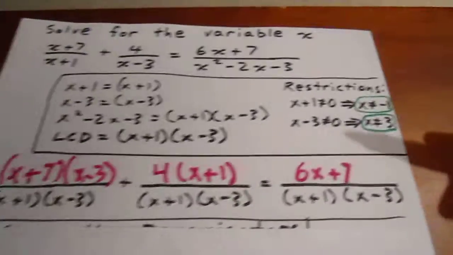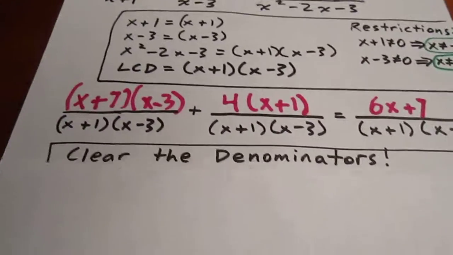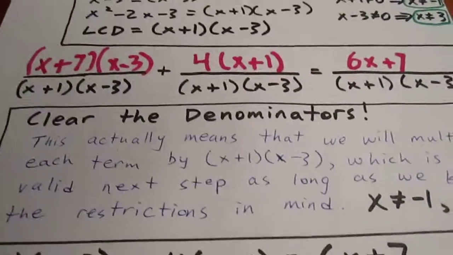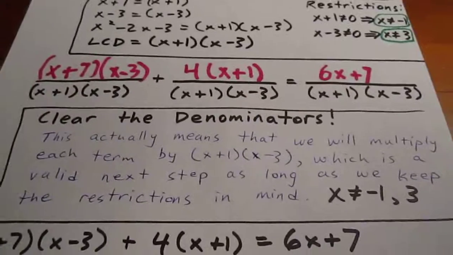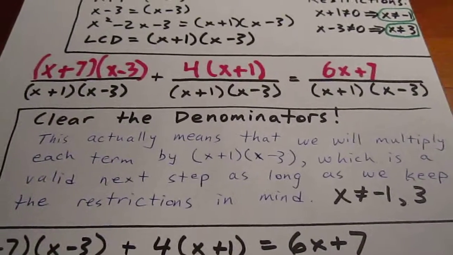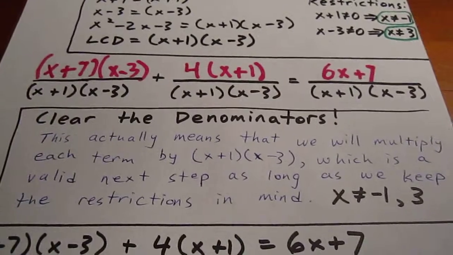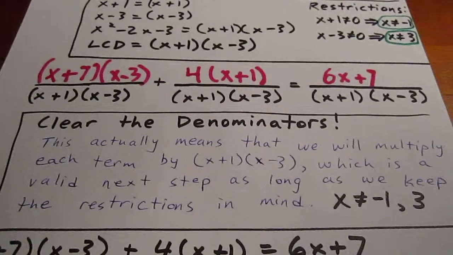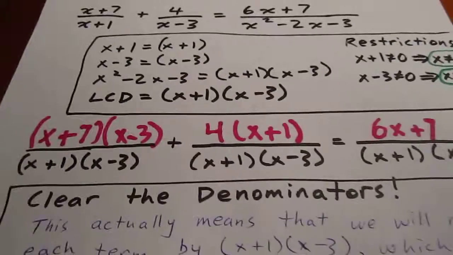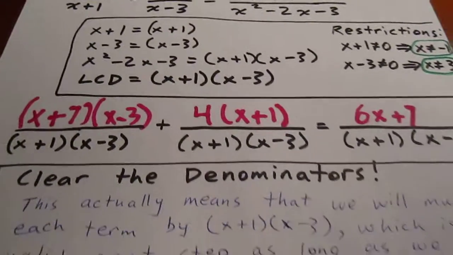And you're right, but that's why we stated our restrictions up here. So, to put it more succinctly, we clear the denominators. This actually means that we will multiply each term by (x + 1)(x - 3), which is a valid next step as long as we keep the restrictions in mind that x cannot equal negative 1 or 3. So go back to the red and let's solve it, ignoring everything else.